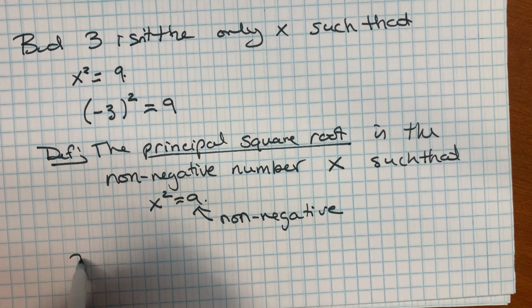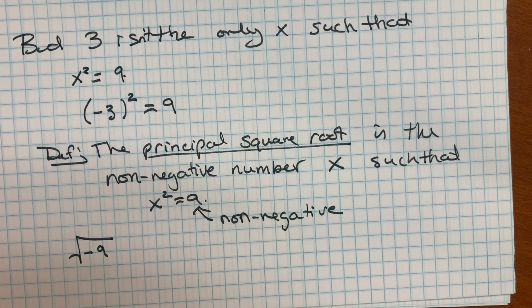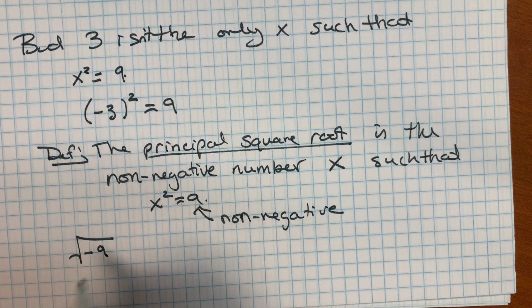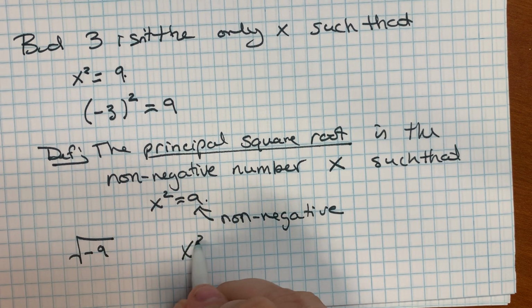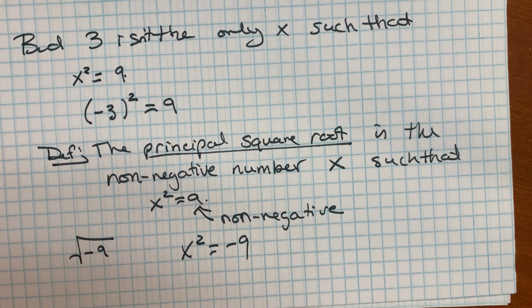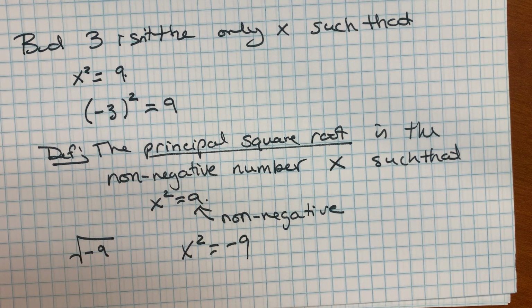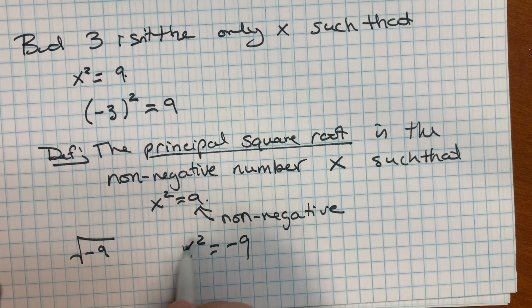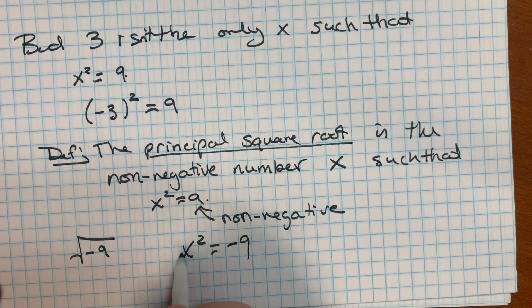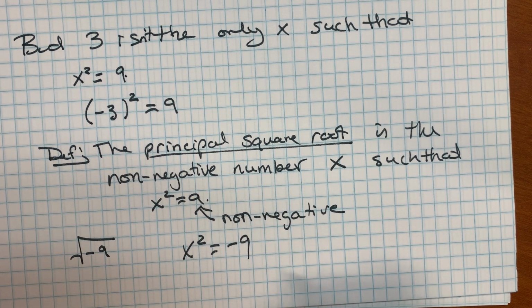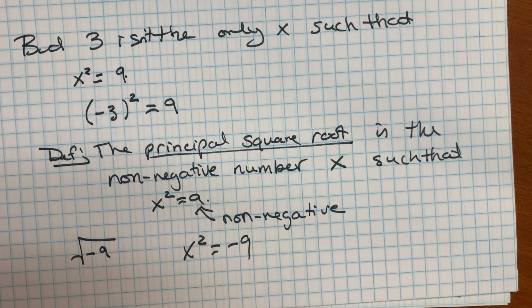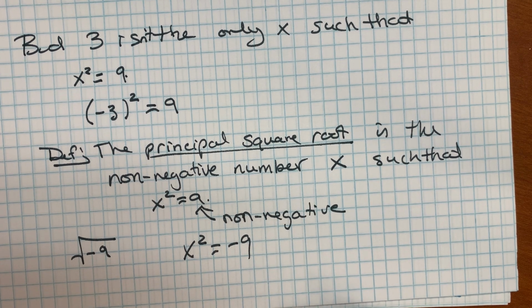If we would try the square root of negative 9, there is no number such that x squared is negative 9, because we would need something times itself to give us a negative. 3 times 3 gives positive 9, and negative 3 times negative 3 is also positive 9.